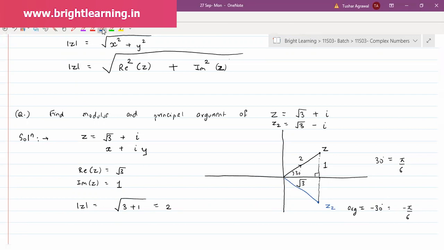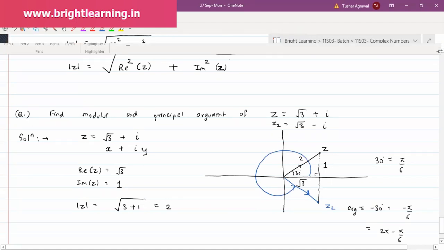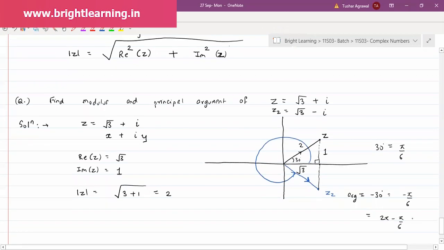Or in other words, you may say that's the angle that this arm makes with the positive x-axis. With the positive x-axis, it goes this much. So 2 pi minus pi by 6. That would have also been correct.